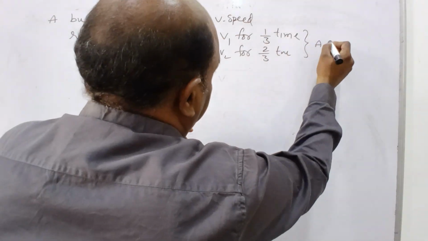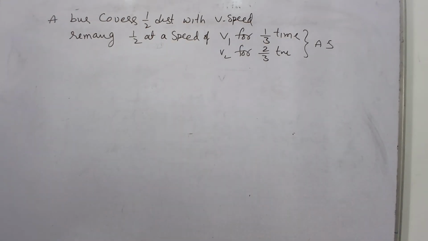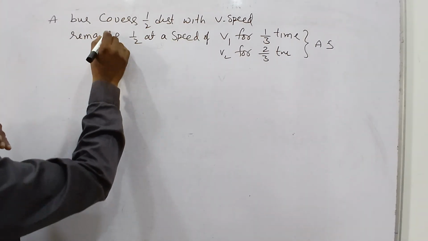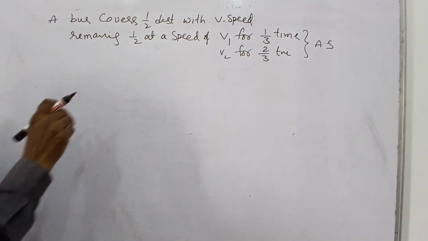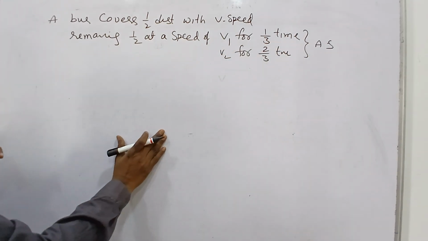Find average speed. Very important, beta. A bus covers half of the distance with v speed and the remaining half of the distance at a speed of v1 for 1/3 time, v2 for 2/3 time.